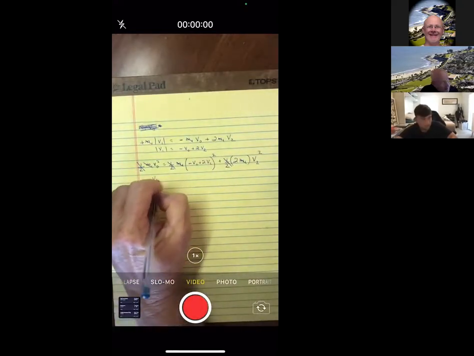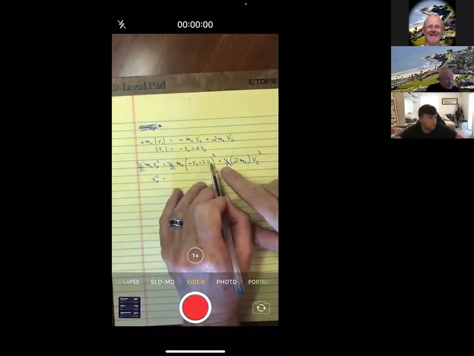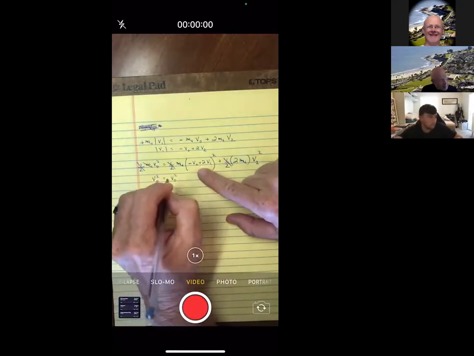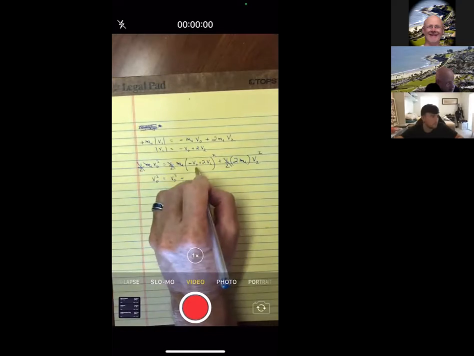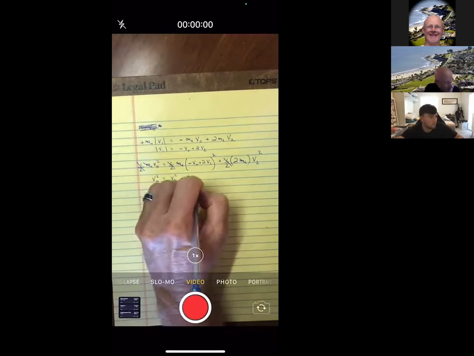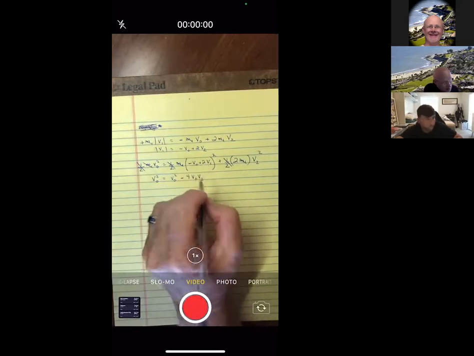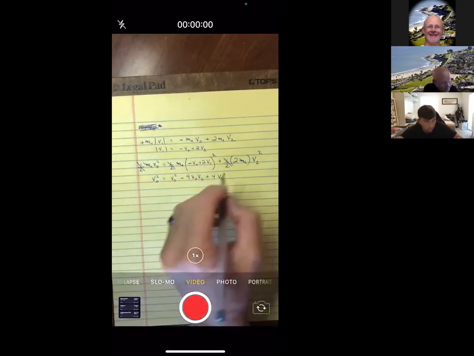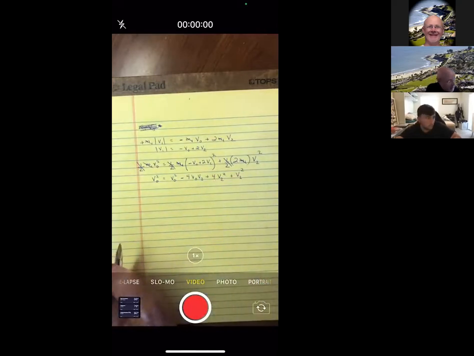And so we get v naught squared equals, and so if I square this, it becomes v naught squared minus, and when you multiply those two together, 2 times that, so that's 4 v naught v2. And then this one squared would be plus 4 v2 squared. And then this last term is just v2 squared.